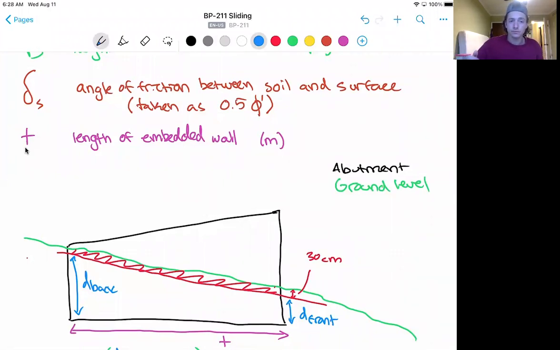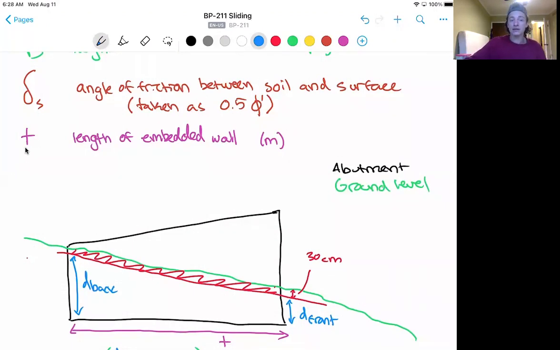And first of all, when finding the geometry of the friction area and embedment, we'll ignore the top 30 centimeters of soil. Assuming that this soil has been disturbed during excavation or maybe excavation spoils that are filled in and no longer compacted, we don't want to rely on its capacity for any active earth pressure at all.